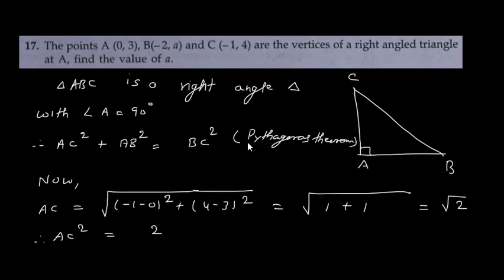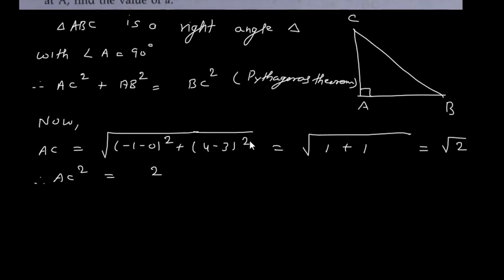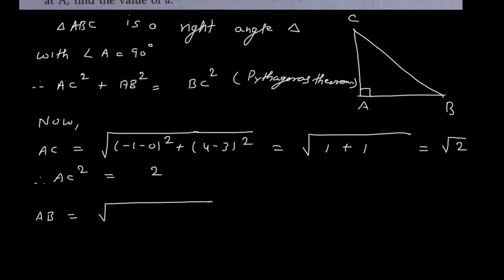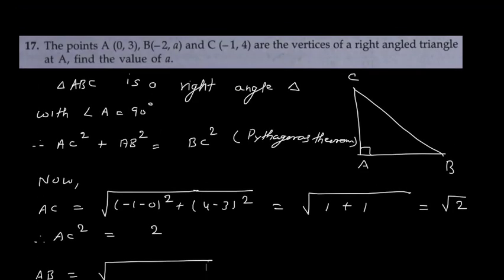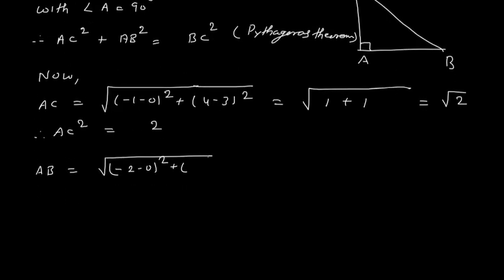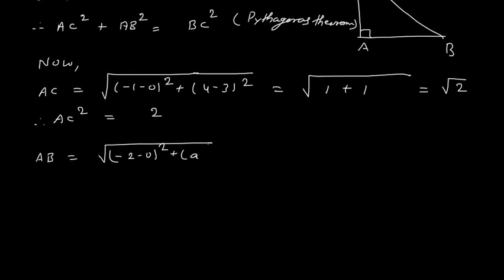Then AB square. So AB is the root of, so AB we have to find out. AB is minus 2 minus 0 the whole square plus a minus 3 the whole square.